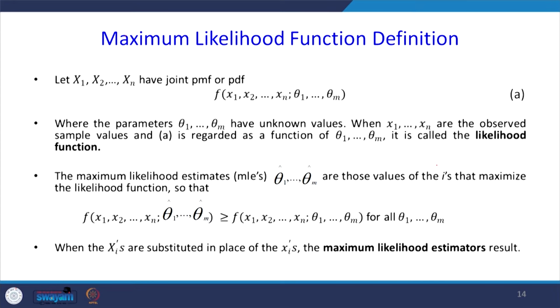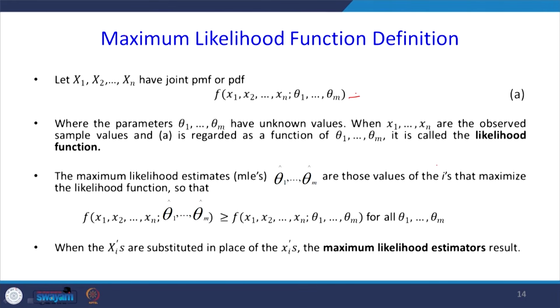Here x1, x2, up to xn are the observed sample values. Then this equation, regarded as a function of theta 1, theta 2, up to theta m, is called the likelihood function. So, this is the likelihood function.